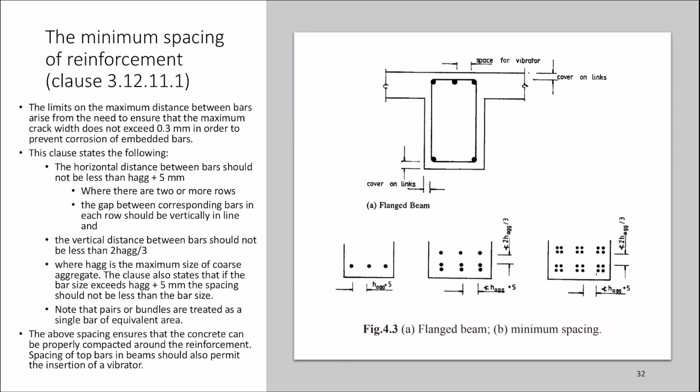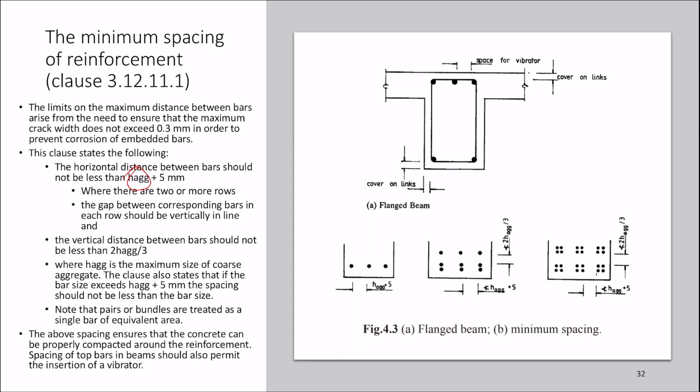This clause states the following: the horizontal distance between bars should not be less than h aggregate plus 5 mm. hagg is the aggregate size. It means when you make concrete, you add aggregate, and hagg is the largest aggregate part size.